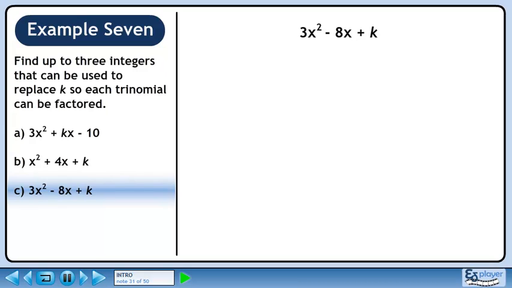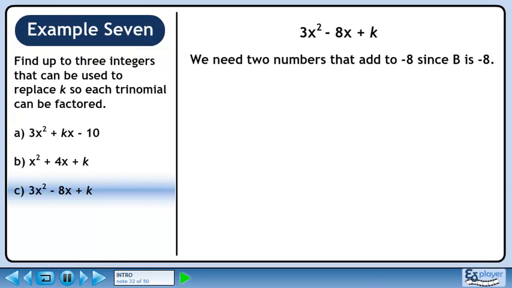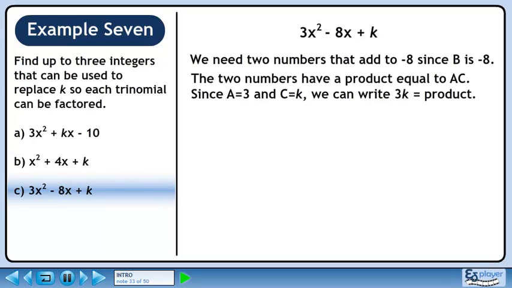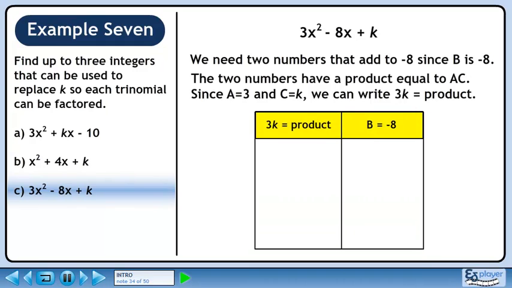In part C, we'll find values of k that make 3x squared minus 8x plus k factorable. We need two numbers that add to minus 8 since b is minus 8. The two numbers have a product equal to AC. Since a equals 3 and c equals k, we can write 3k equals product. Create a table to record our work.